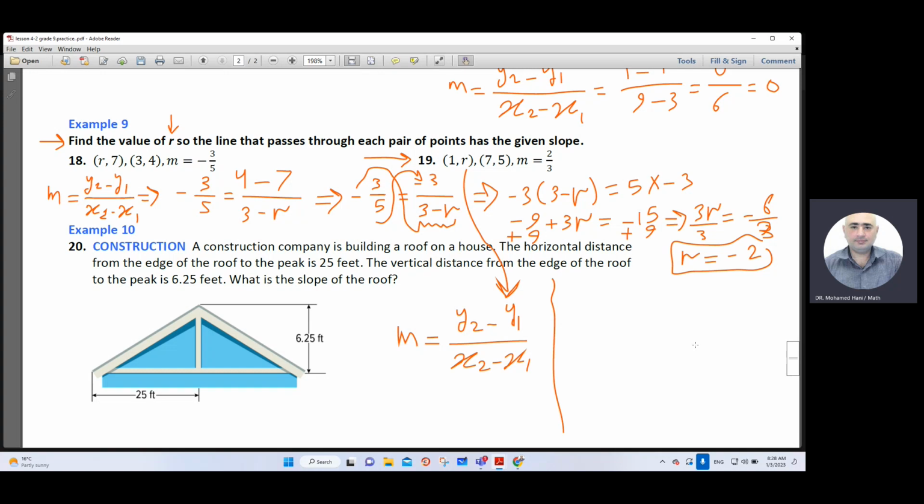So the answer: 1 equals r. r equals 1. Thank you, Sultan. Who has a different answer?